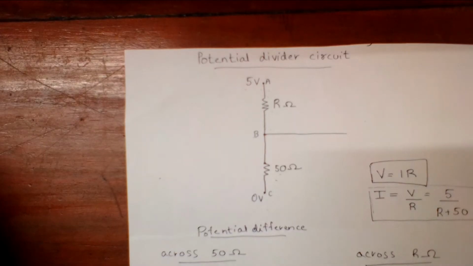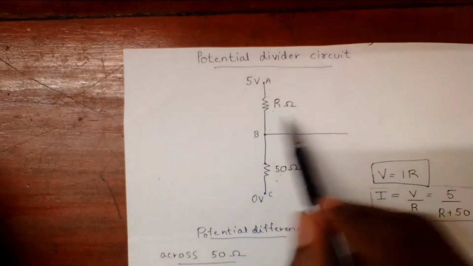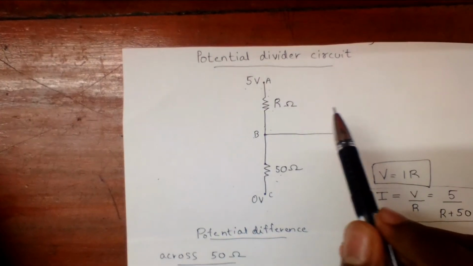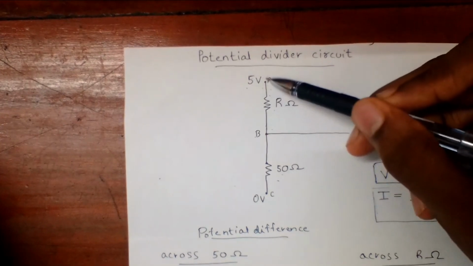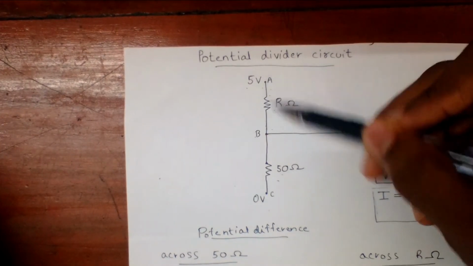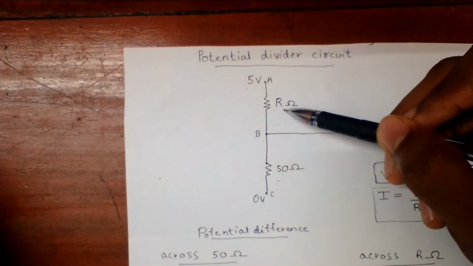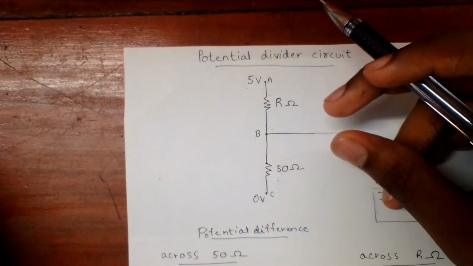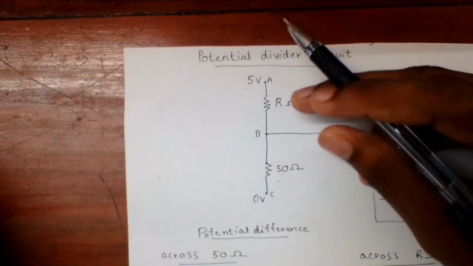A very fun way which I like to look at this is to see the resistances as potential eating monsters. The potential starts coming from here, and these resistances are potential eating monsters. If the monster is very large, it will eat a very large part of the voltage that is coming, and if the monster is small, it will only eat a small part.